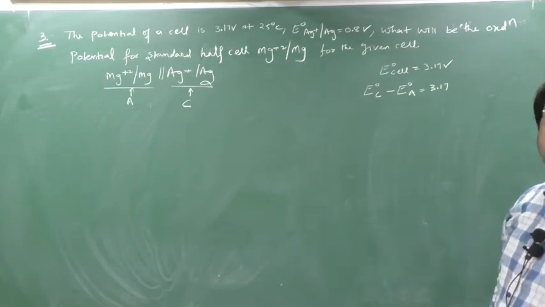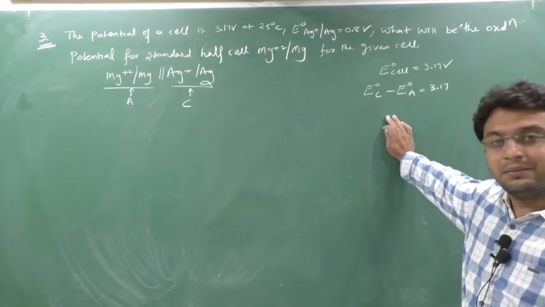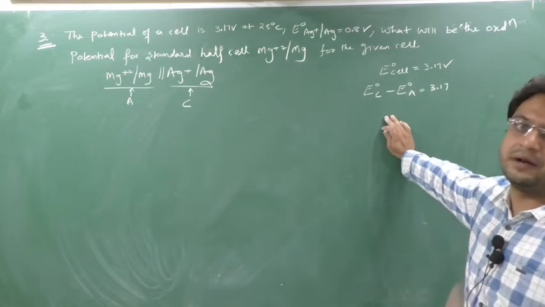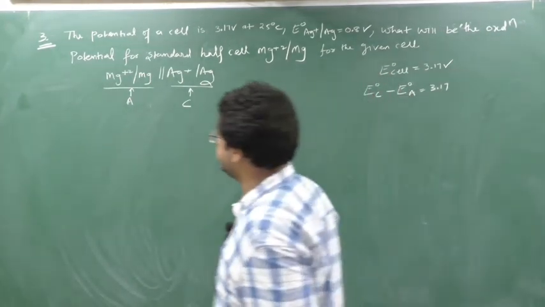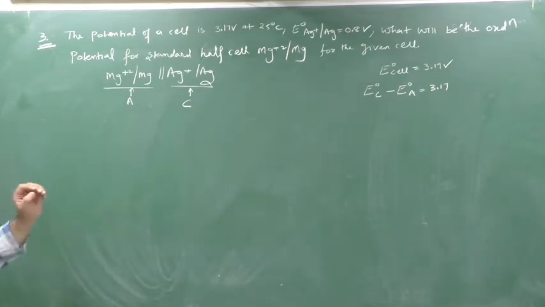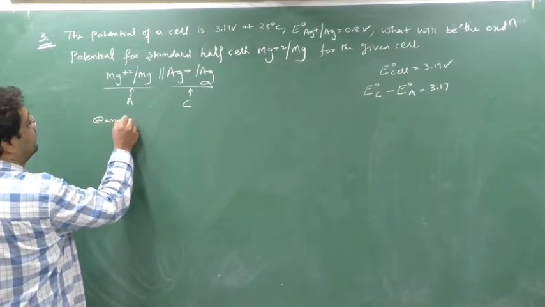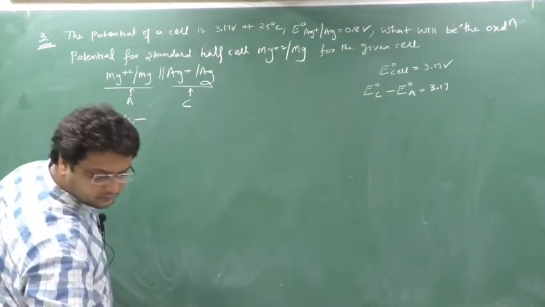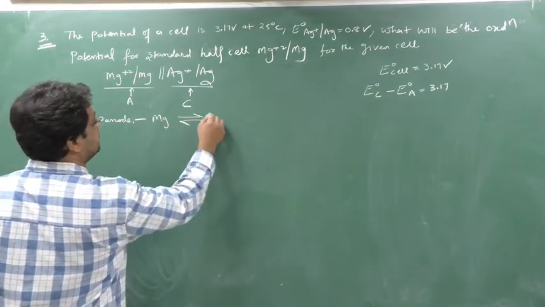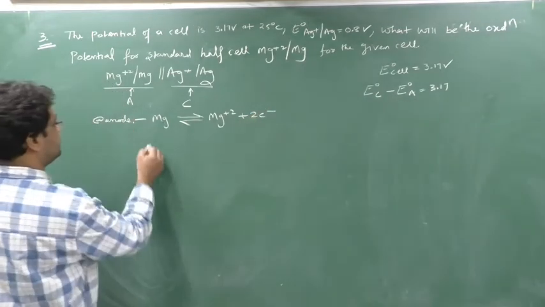That is a rule. If they have asked for 1 mark, you can directly solve. But if they ask for 2 marks, then you have to show the cell reaction. So first we have the cell representation. Who is at anode? At anode we have magnesium, and you know magnesium will lose electrons. So at anode, magnesium forms Mg plus 2 plus electrons.